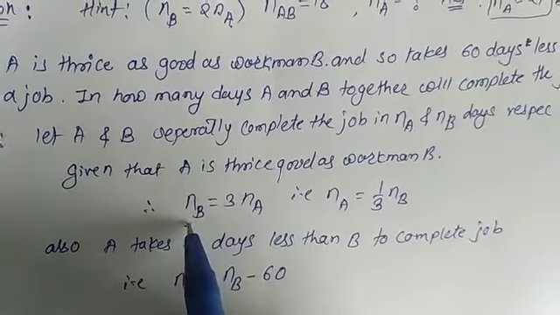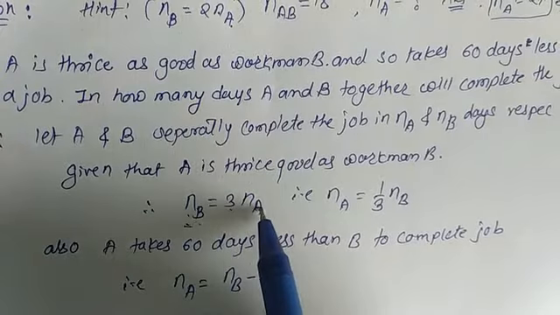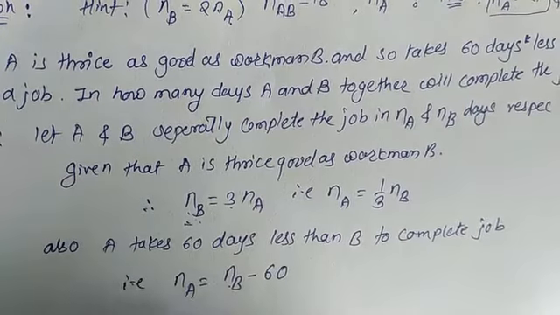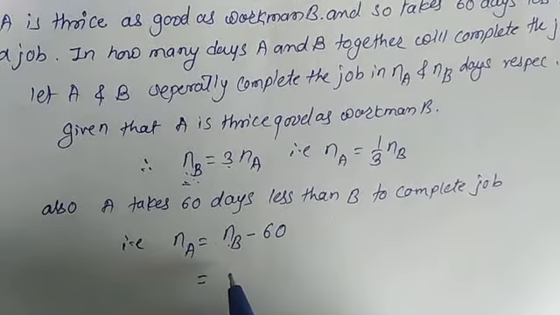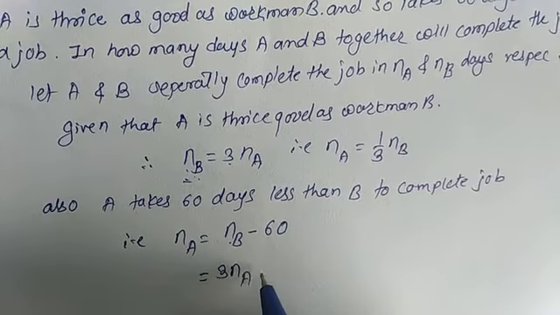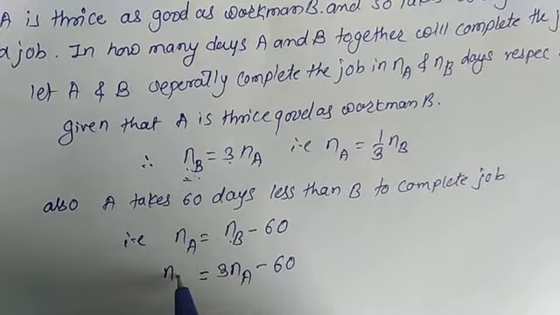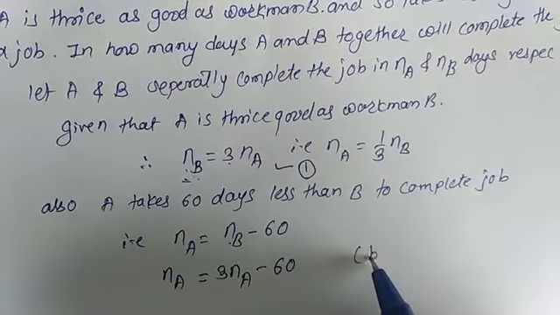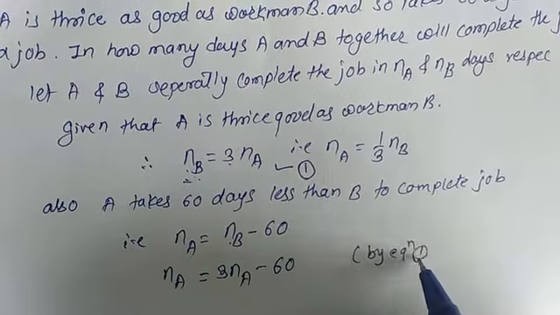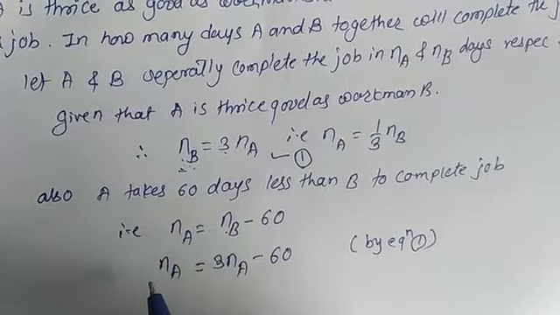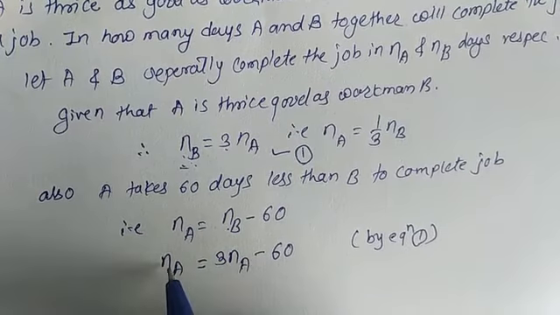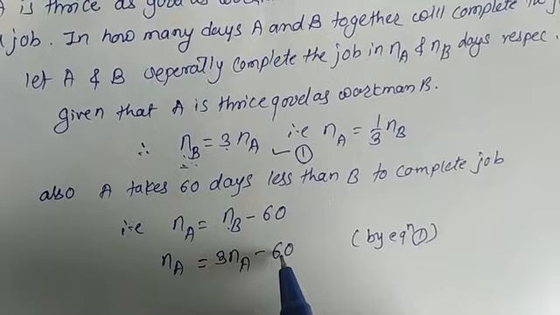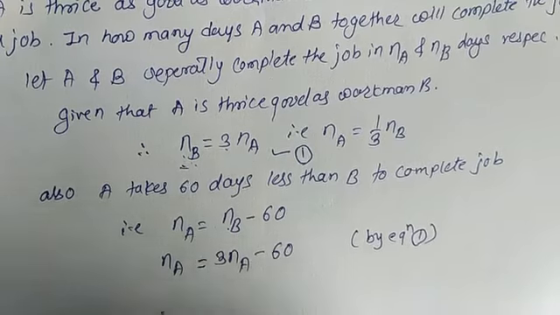As from this equation n to the base B is equal to thrice n to the base A, so here we put it, and it will be n to the base A is equal to 3 n to the base A minus 60. We write it as equation 1. We can write by equation 1. Okay, so here 3 n A, you shift n A to the right, and minus 60 to the left.